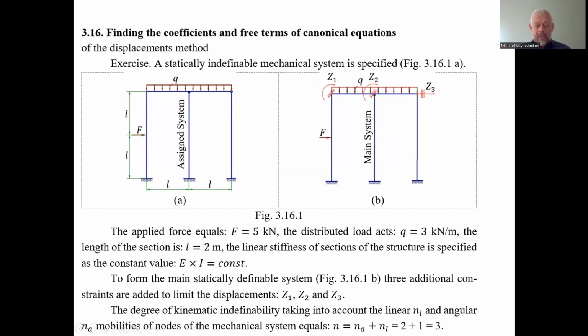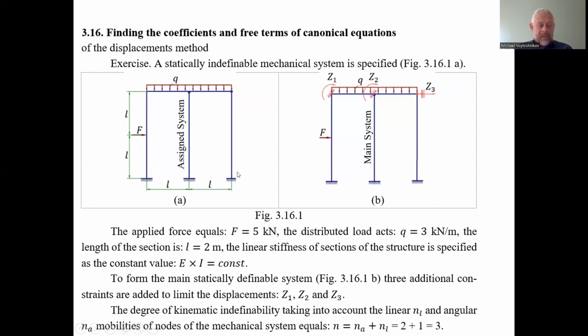To find the linear kinematic indefinability, we have to consider the system as a hinged scheme, a hinged mechanical scheme. In each node we put, instead of the connection, just a hinge. Here we have a hinge. Here we can put a hinge between all three connected parts of the mechanical system, and all supports will be hinged in the hinged scheme.